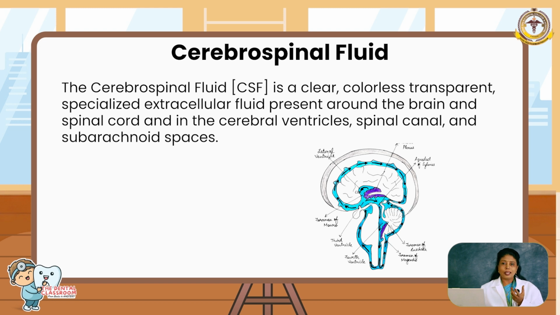And we saw the clinical aspects also, like meningitis and hydrocephalus, and we ended with the blood-brain barrier, which is a protective barrier that prevents the entry of toxins from blood to brain. Also it prevents the movement of neurotransmitters from the brain to the blood, and it maintains the constancy of the environment in and around the brain.